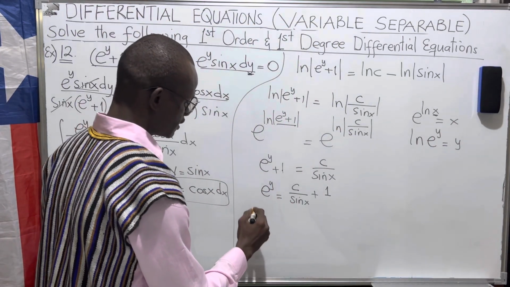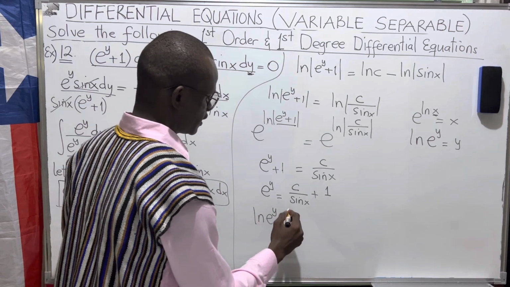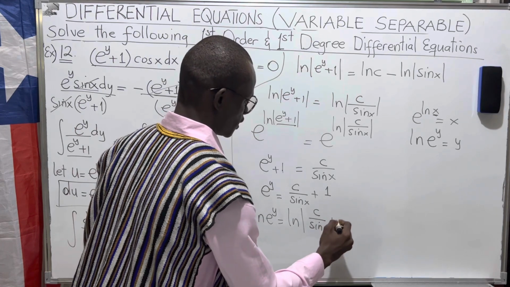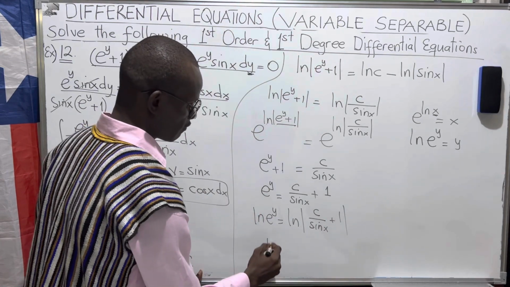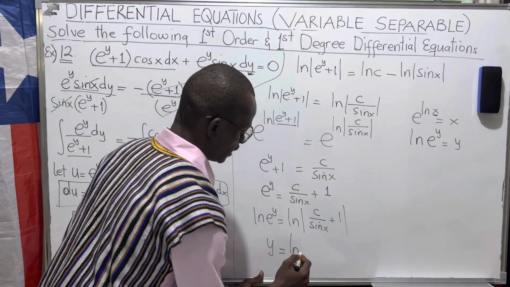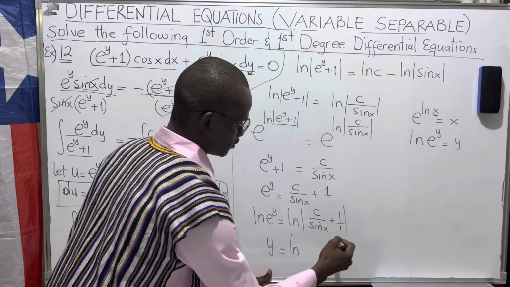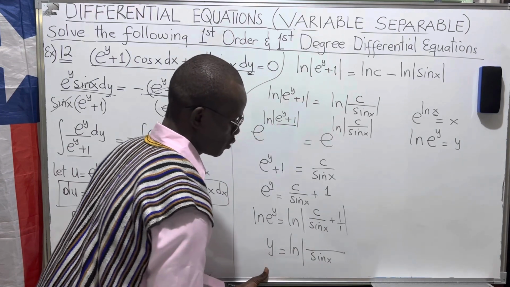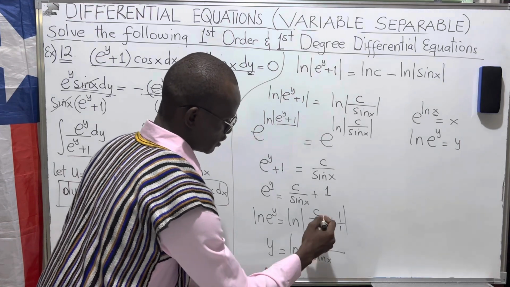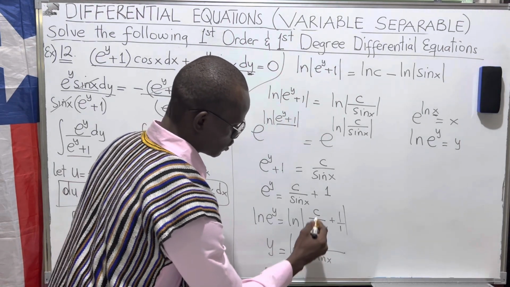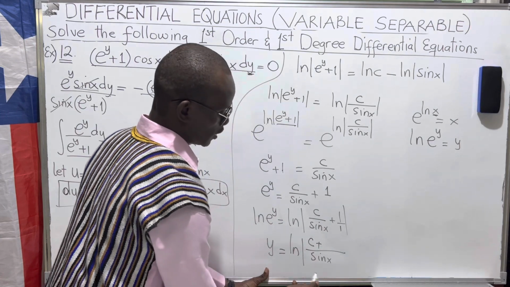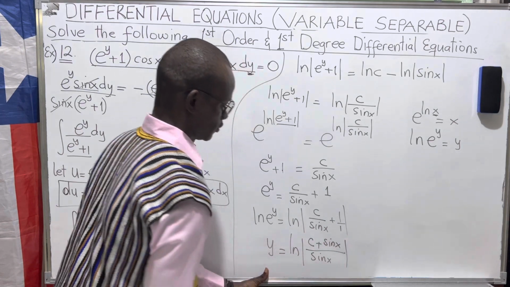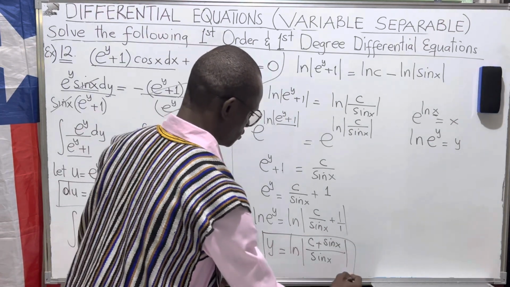Taking the ln on this side and on the other side, I can have y equal to ln of, now I can find the LCD, sine of x downward, then sine of x into sine of x is just 1 times c is c, minus, and what goes into sine of x is just sine of x times 1 is sine of x. So we just have this as our general solution.